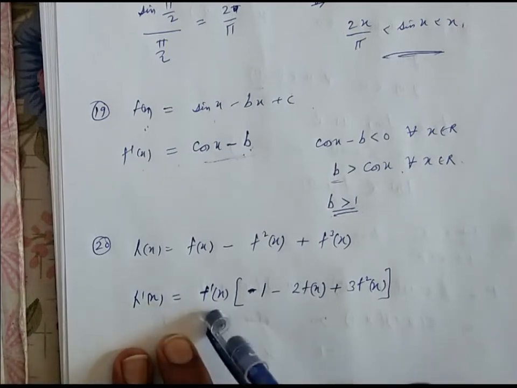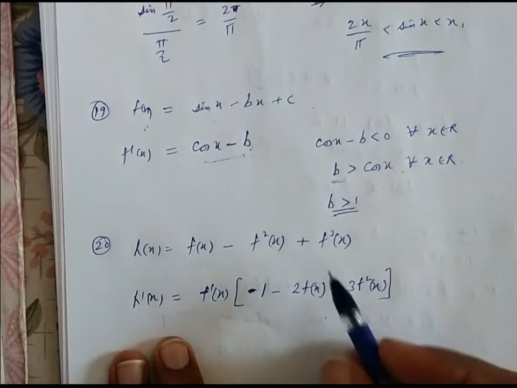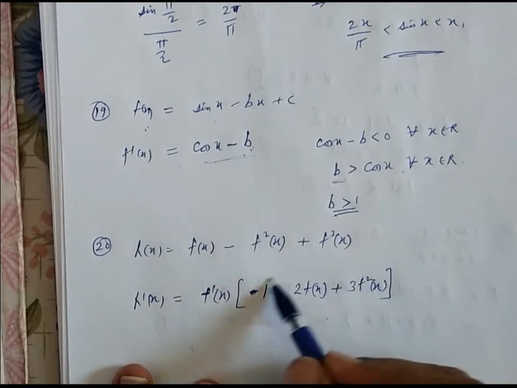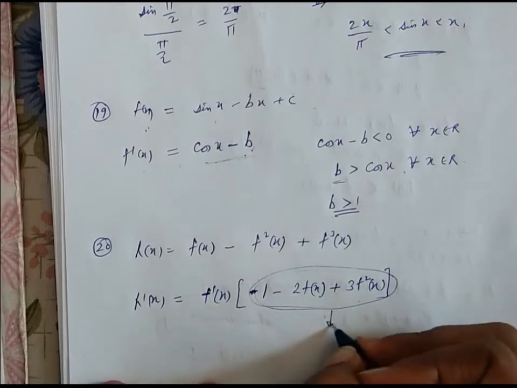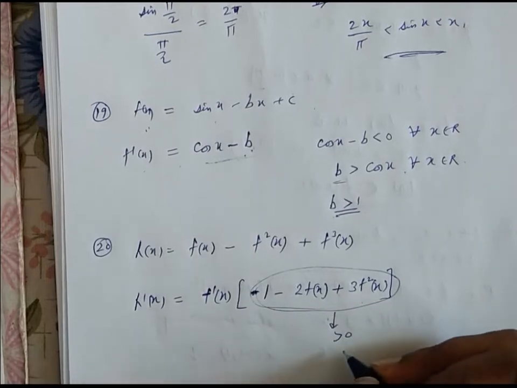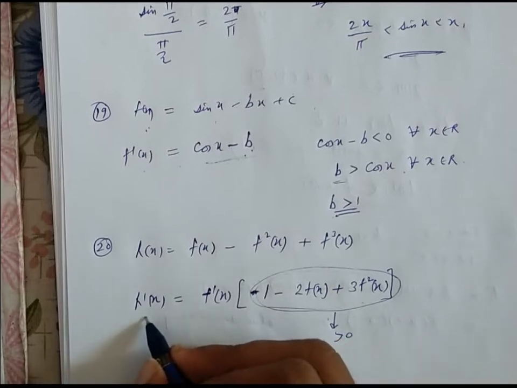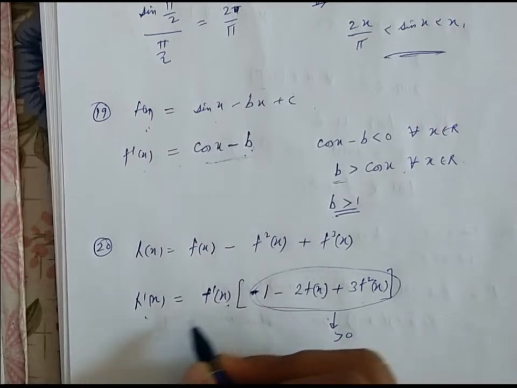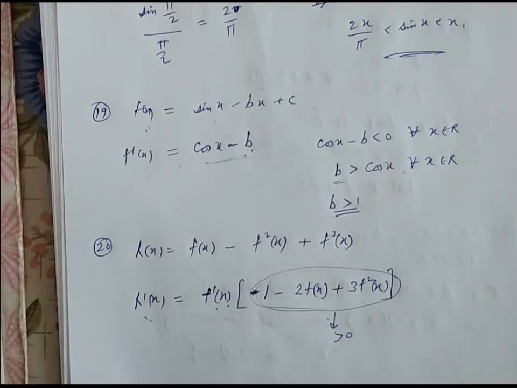So h dash would be f dash times (1 minus 2f(x) plus 3f square x). Okay, so the discriminant of this particular thing is less than 0 and this is greater than 0 always. Okay, so if h dash increases, f dash increases, and if h dash decreases, f dash decreases. Okay.